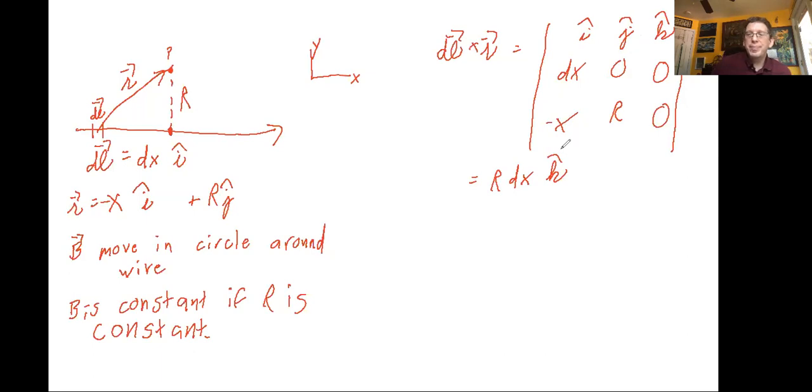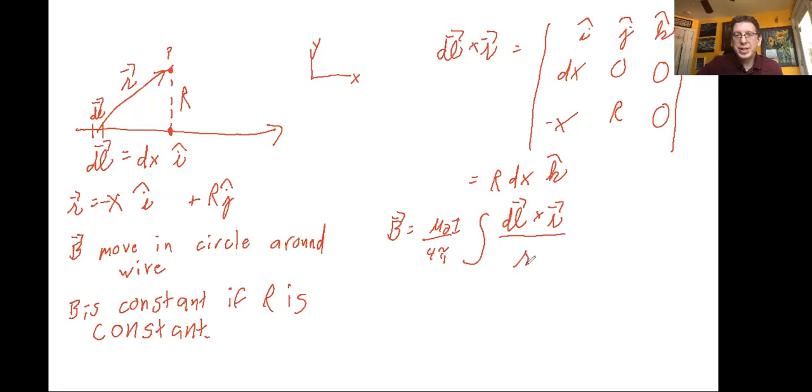So that's the cross product vector. And so now we can set up the law of Biot-Savart. So B is equal to mu naught I over 4 pi, times the integral of dl cross script r, divided by script r cubed.